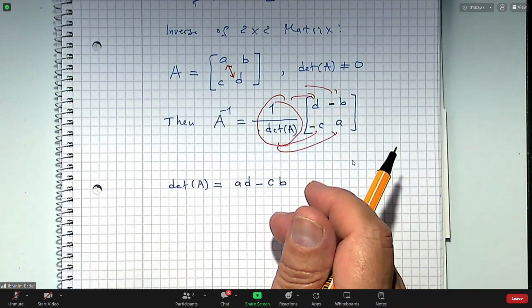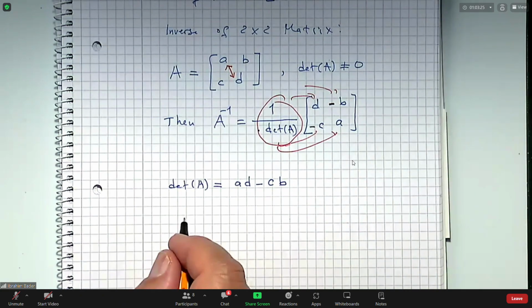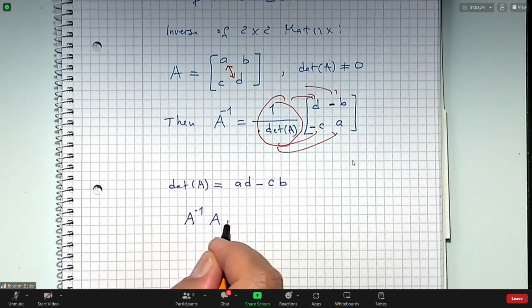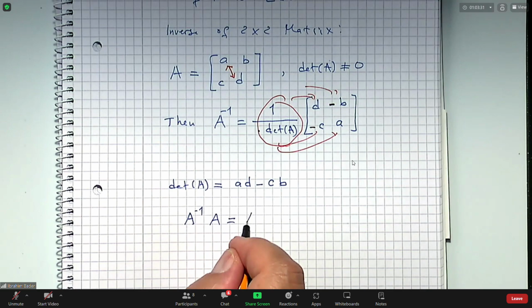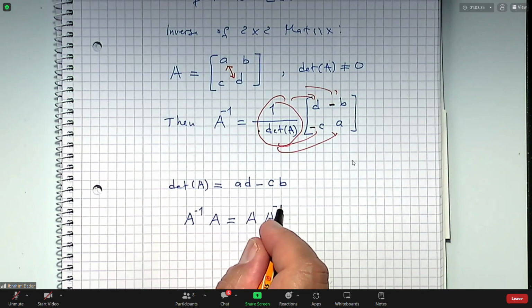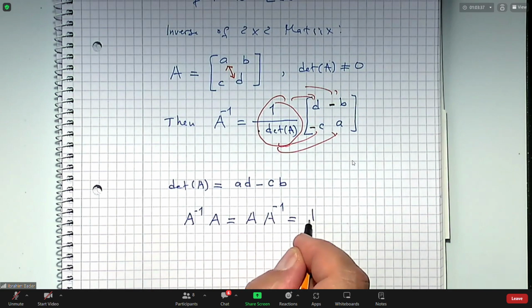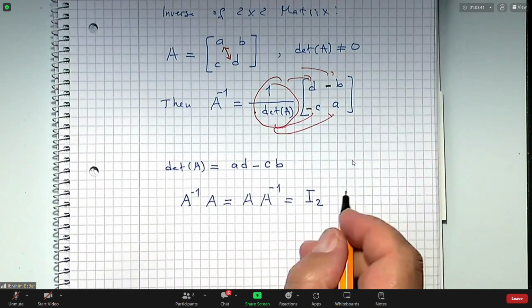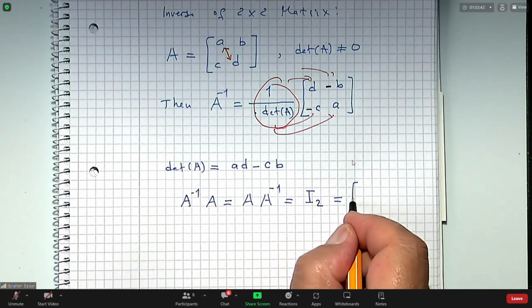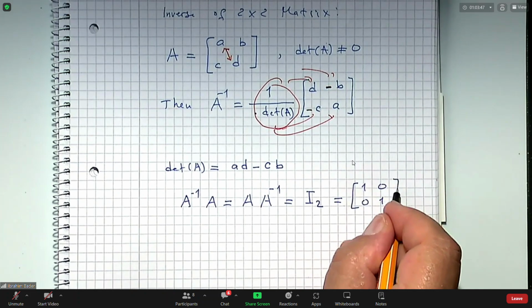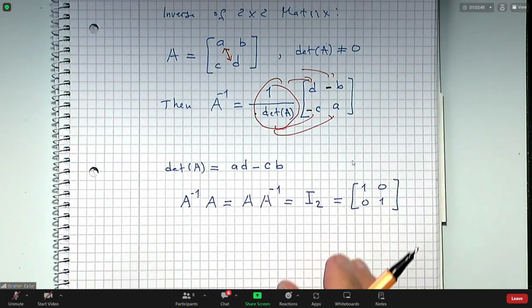Another thing here is that if we multiply the inverse matrix with the original matrix, or do it the other way around, we end up with the identity. In this case, the two-dimensional identity: 1, 0, 0, 1. So I want you to check that.